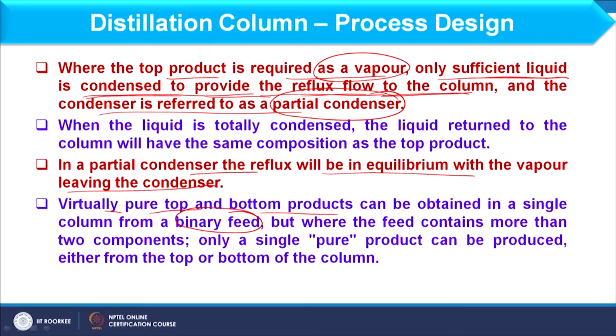But if I have more than 2 components in the feed, only a single pure product can be obtained, either from the top or the bottom of the column, or we usually have a mixture at the top as well as the bottom. This condition we call a multi-component system, and we will focus on the design of multi-component systems in this course also.